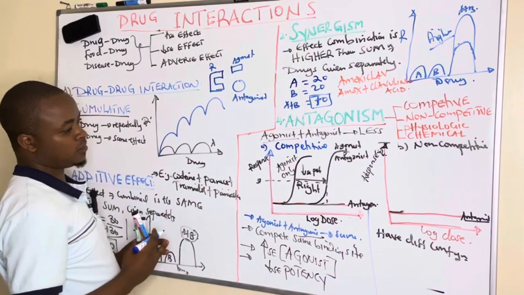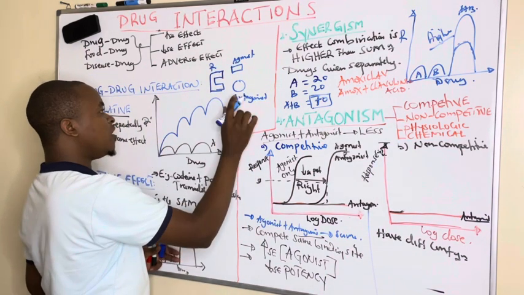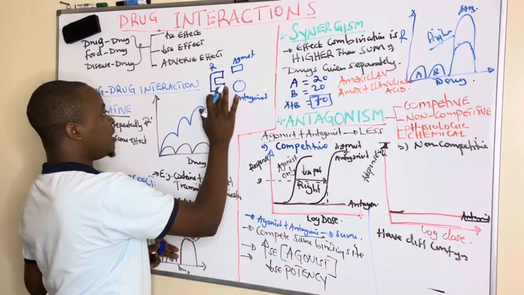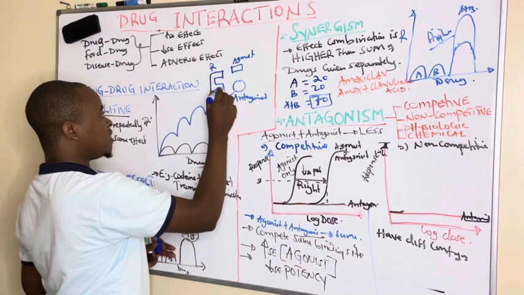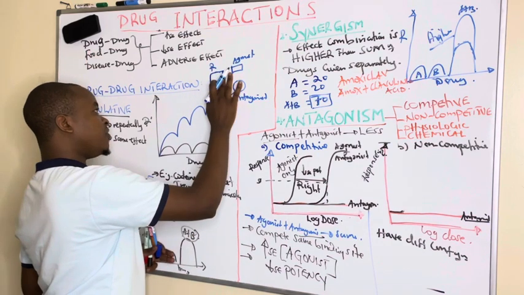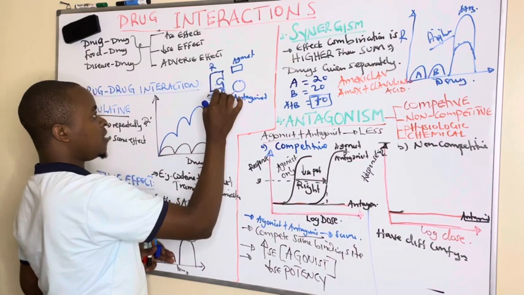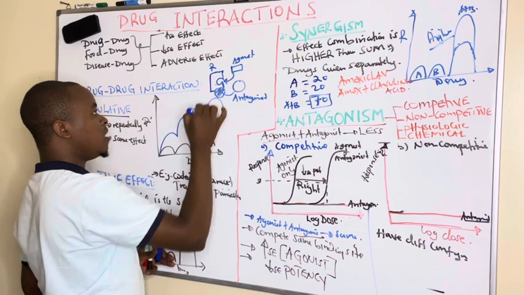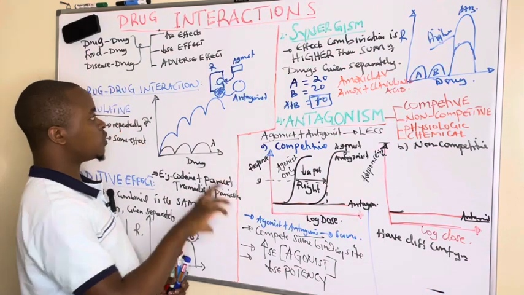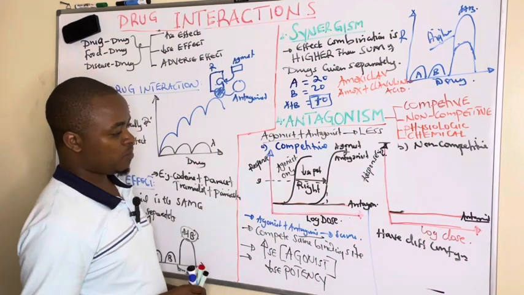Because it has a different shape, it cannot bind to the binding site, but rather binds to the allosteric site of the receptor. After binding, it causes a configuration change and changes the binding site of the agonist. So the agonist can no longer recognize the binding site, and this becomes irreversible because we destroy the active site, so the natural agonist can no longer bind to it.